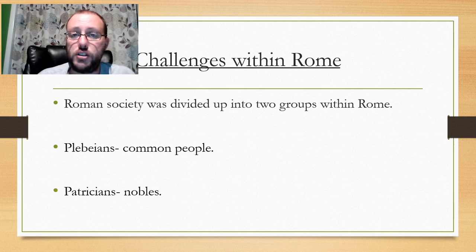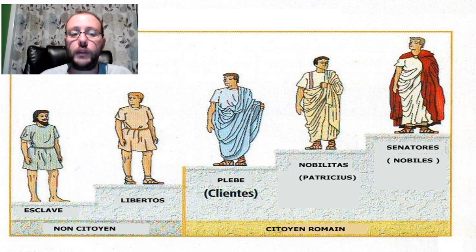Roman society was divided up into 2 groups within Rome. You have the plebeians, which was the common people, and the patricians, which was the nobles. Now, the patricians are going to be a lot less in number than the plebeians. And you see here that this is kind of the social structure that we have, from the bottom up. You have the slave, the esclave. The libertos would be the people that were free but not citizens.